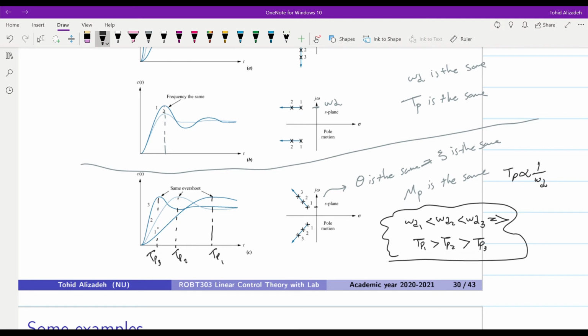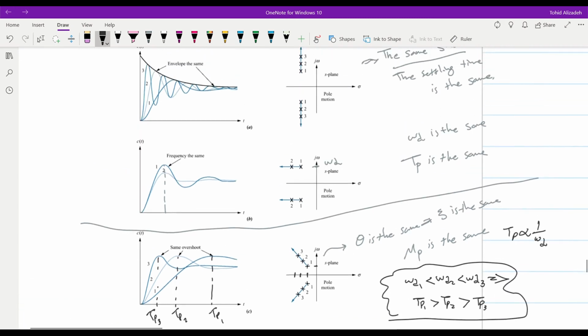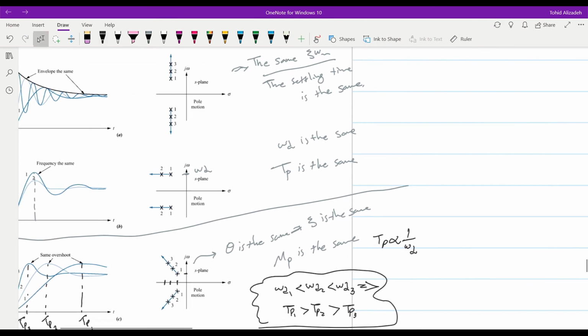Or we can comment on the settling time value over here. We can see that zeta omega n1 is here, zeta omega n2, and zeta omega n3 is there. Or in other terms, zeta omega n1 is smaller than zeta omega n2, and it is smaller than zeta omega n3.